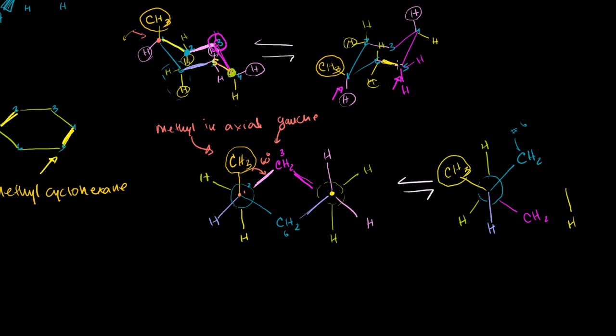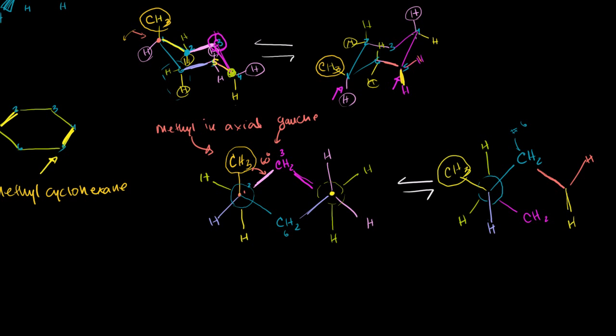This bond right here, in a different color, is the same thing as this one. If you can do this, then your brain is pretty good at translating between Newman projections and these seat diagrams that we have up here. So this is this bond. This axial hydrogen is this axial hydrogen. And then we have another hydrogen, this hydrogen right here, which would be that.